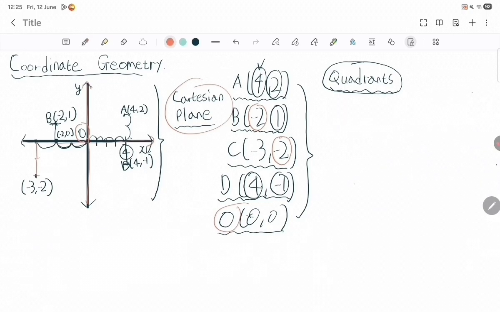If you can see here, 1 section here, and 2, 3, 4. So that's why we call these areas quadrants.